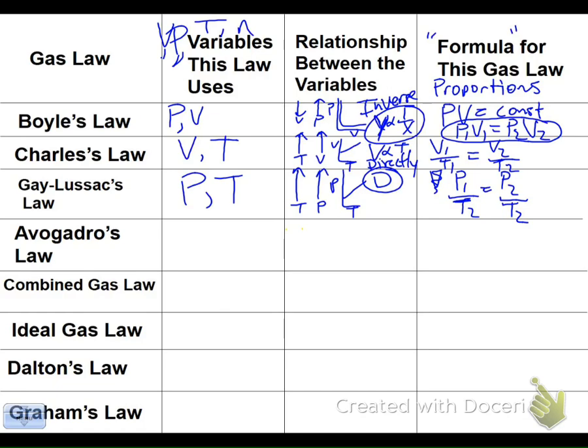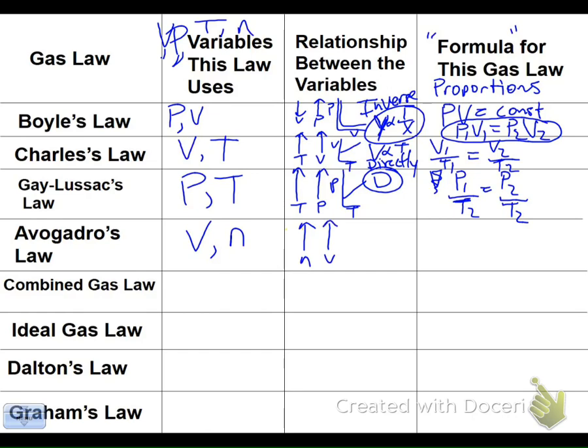All right, moving a little more quickly now. Avogadro's law is a little different. He looked at volume, but this time he's looking at the number of moles. So pressure and temperature are constant. You've all done this. If you look at moles as the number of particles, pretend you're breathing into a balloon, you're blowing it up. What happens to the volume of a balloon as you blow into it? It increases, that's right.